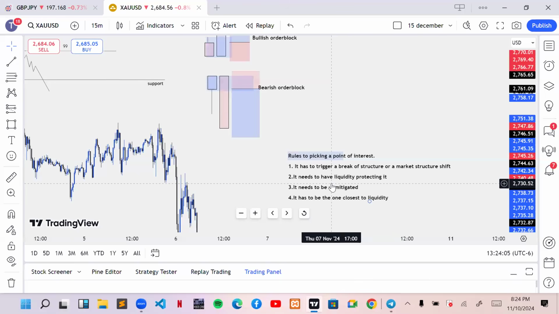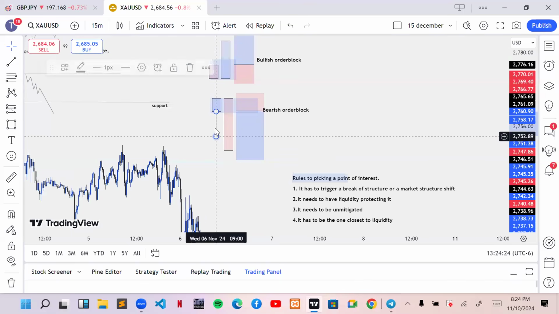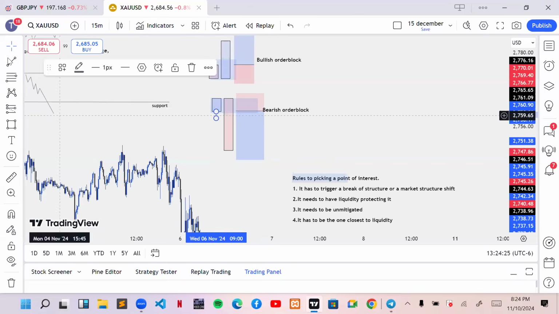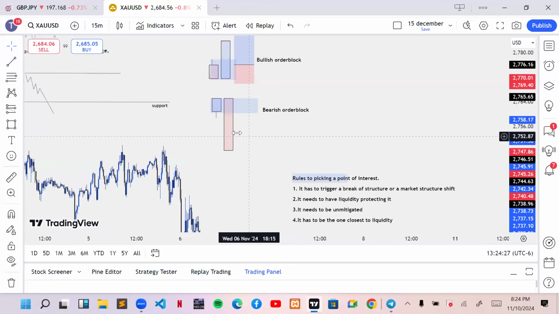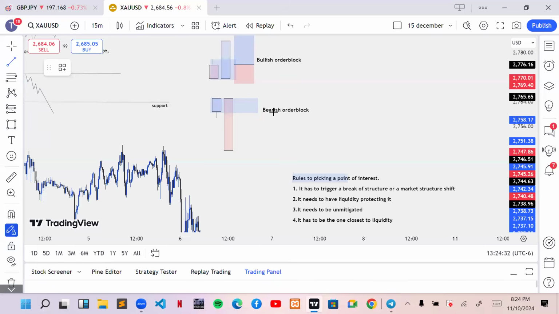The third rule says it needs to be unmitigated. Now, what do I mean by unmitigated? First of all, what is mitigation? Mitigation is price coming to tap your point of interest after it breaks structure or triggers a shift in market structure. So let's say, for example, this is the order block, and then price comes in and breaks out from here.